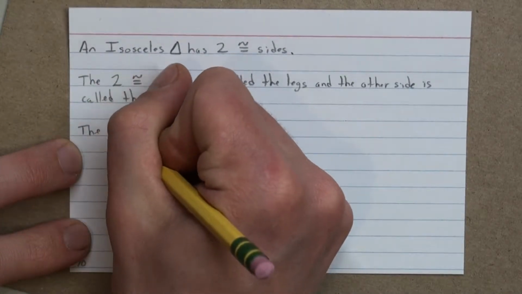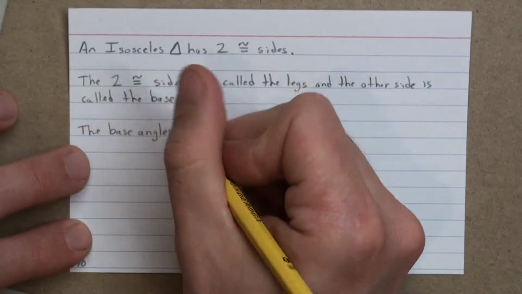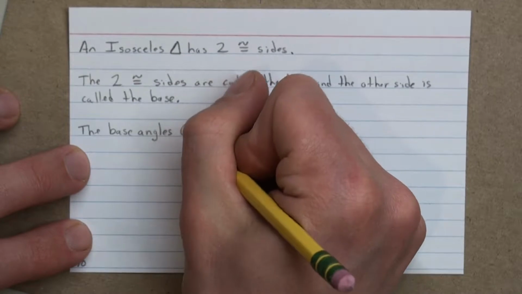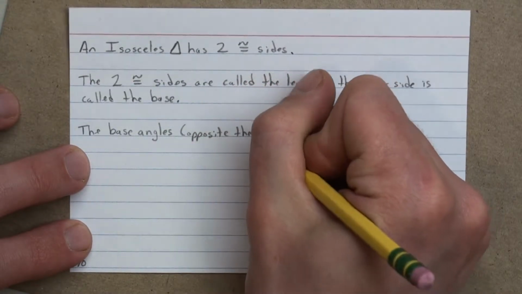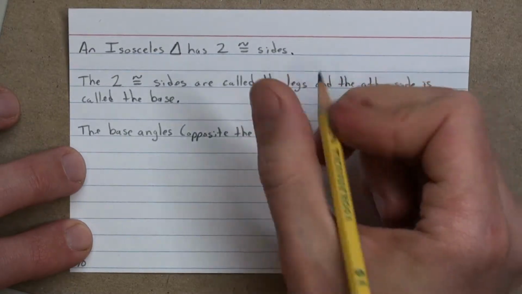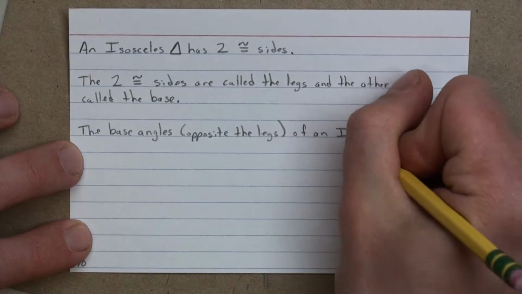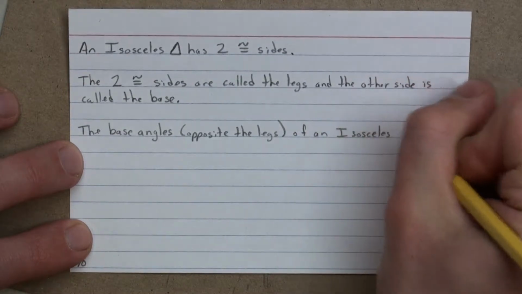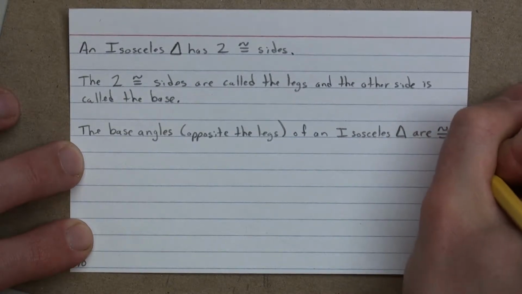The base angles, which are opposite the legs. So the base angles of an isosceles triangle are congruent.